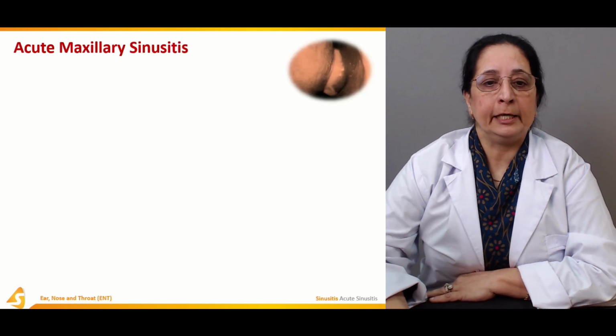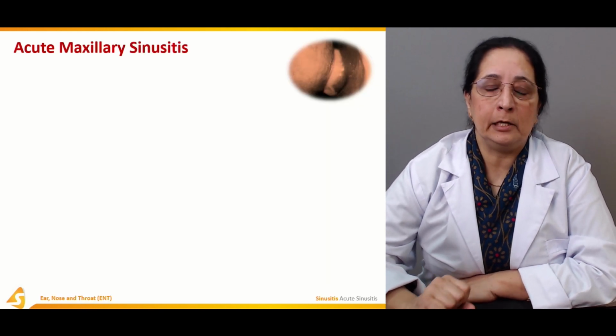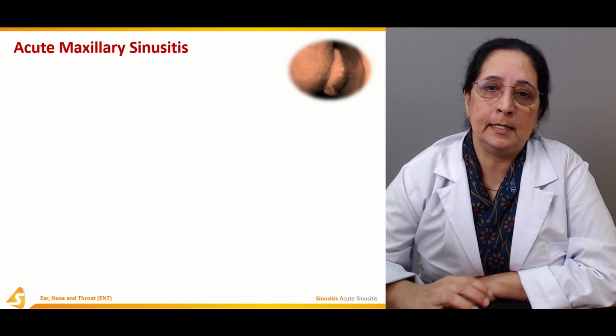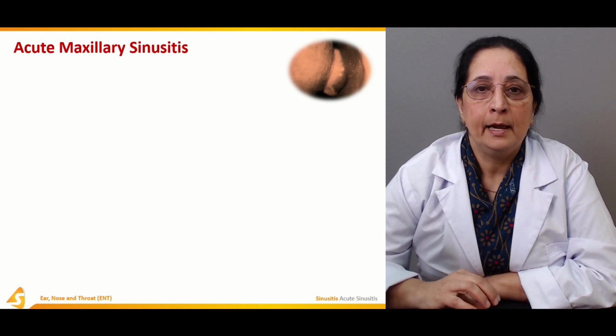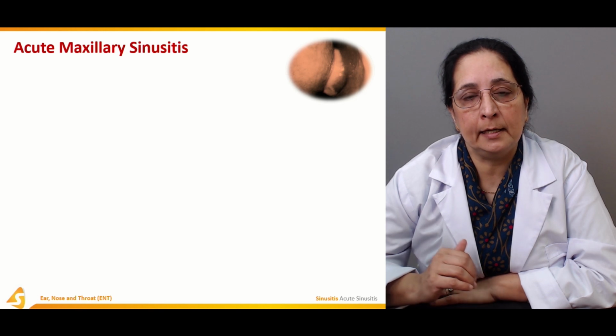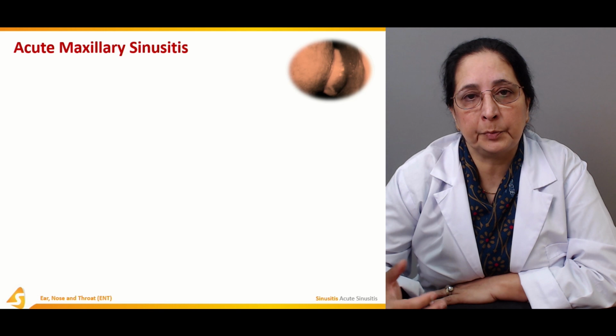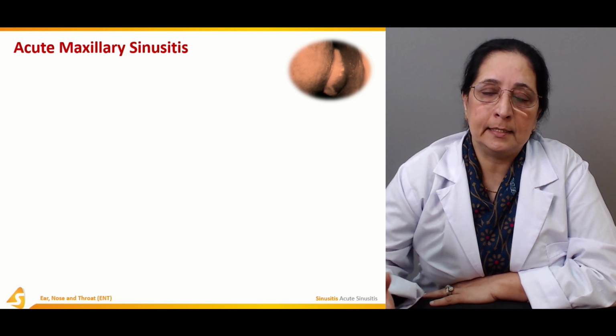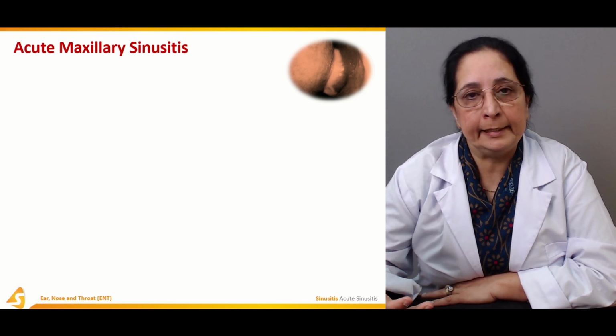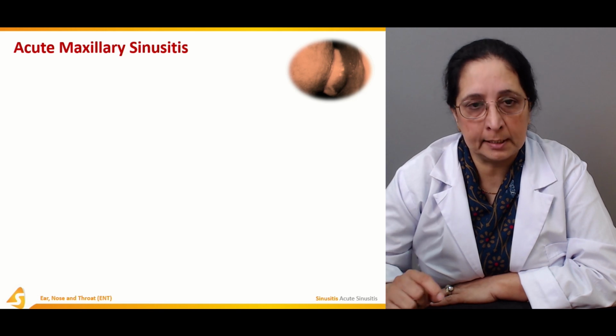So first, the acute maxillary sinusitis. Maxillary sinus is the most commonly affected sinus in acute infections, and from there the infection spreads to the other sinuses like frontal, ethmoid, and sphenoid sinus.